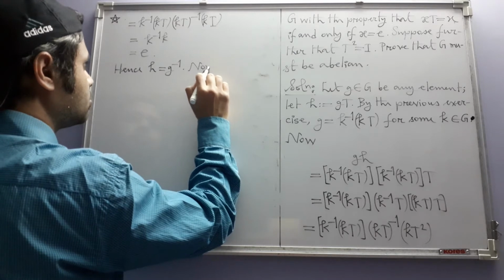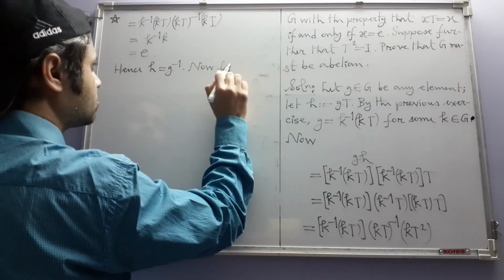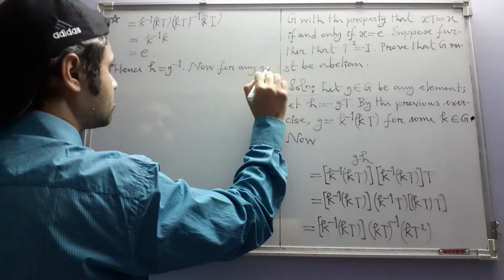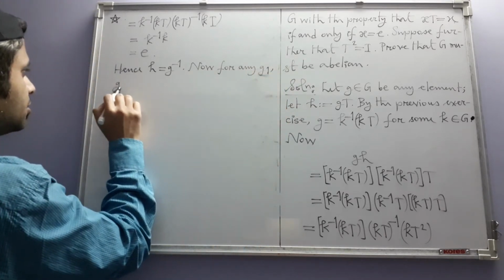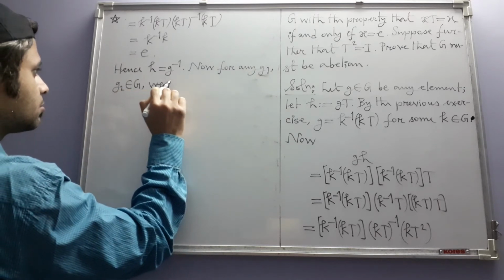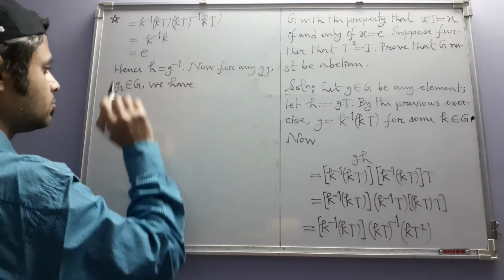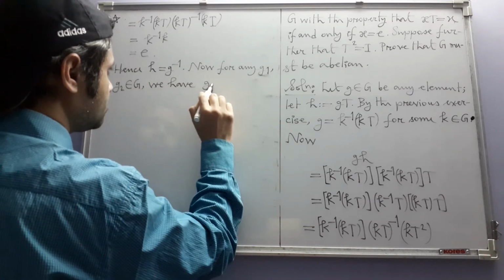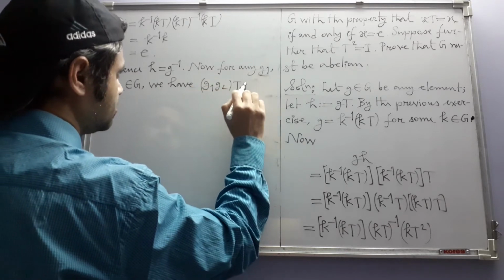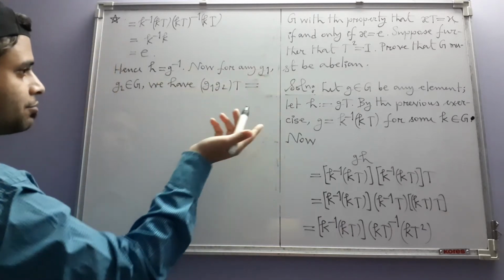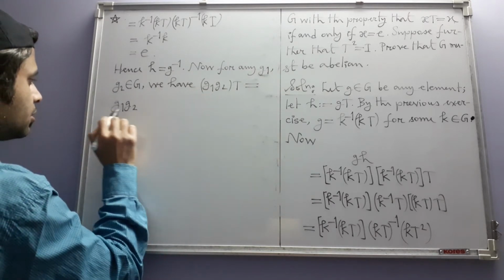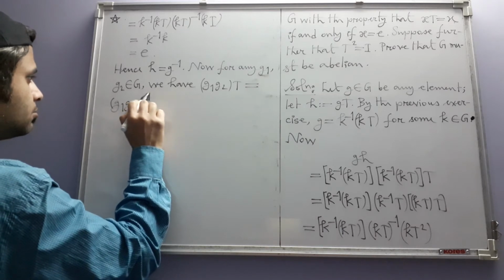Now for any elements G1 and G2 in G, we have G1 G2 T equal to, by what we have just now proved, the inverse of G1 G2.